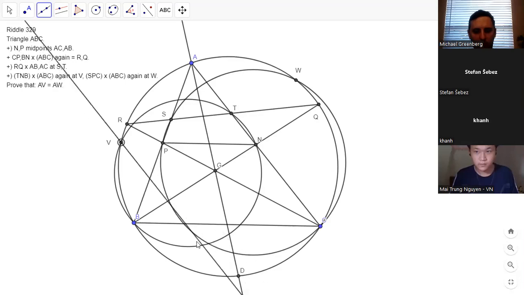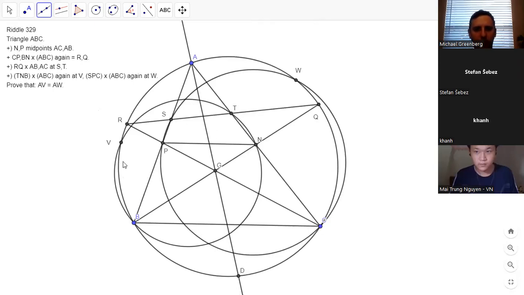Let's see. Is there any kind of special point? Like, what if I do this and this? No. I want to find some special point on this arc where I could show that this is an angle bisector.